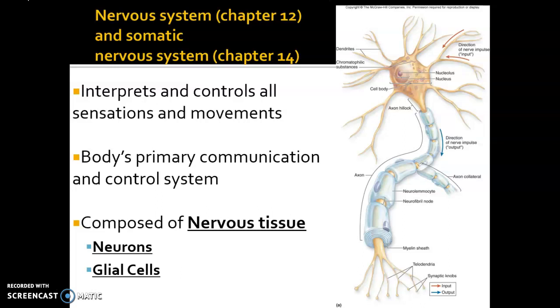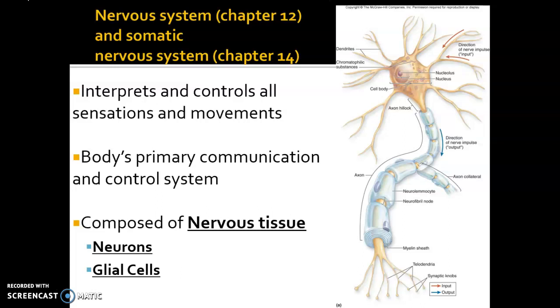Therefore, a few things. The nervous system receives information via the receptors, right? We have receptors throughout our body. Our special senses have receptors. For example, we have receptors in the eye that carry sensory information about vision. We have receptors on the tongue, like taste buds.